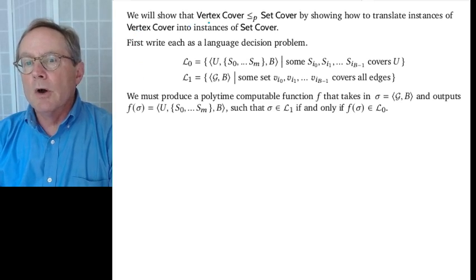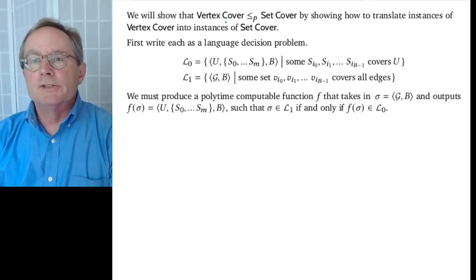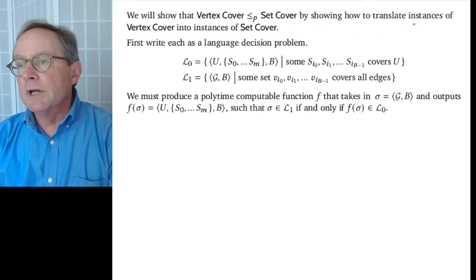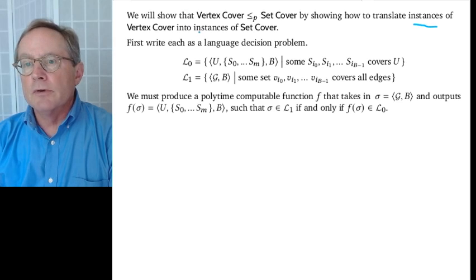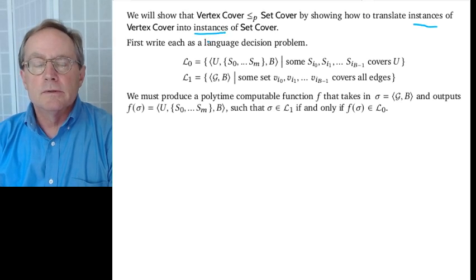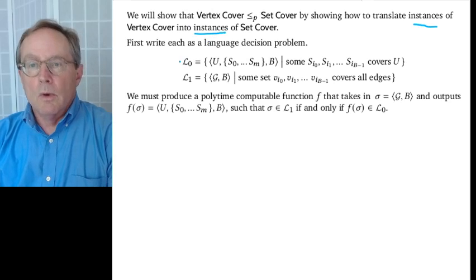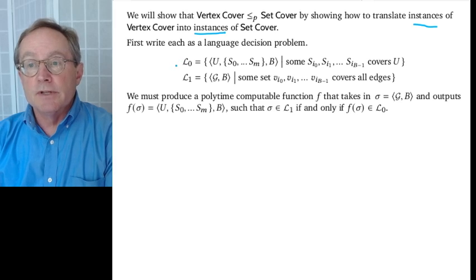So we're going to show that vertex cover polytime reduces to set cover by showing how to translate instances of vertex cover into instances of set cover. So I'm going to write down what an instance of the one looks like and what an instance of the other looks like.